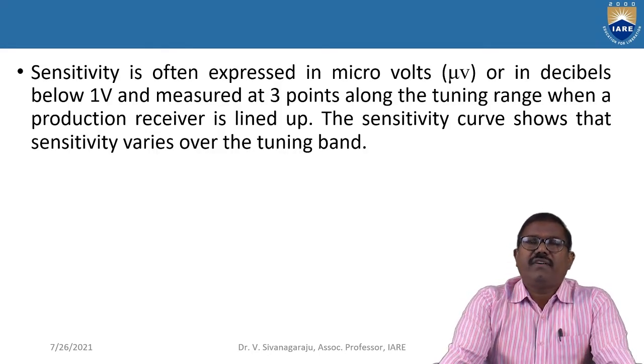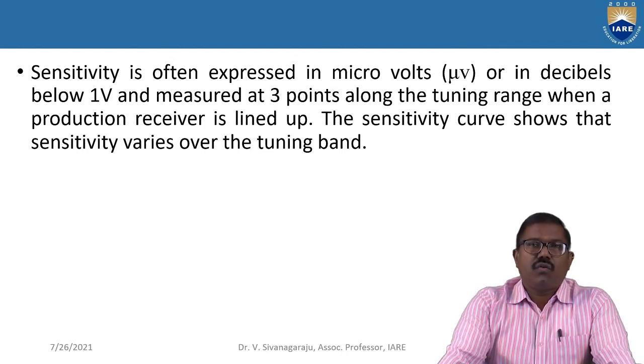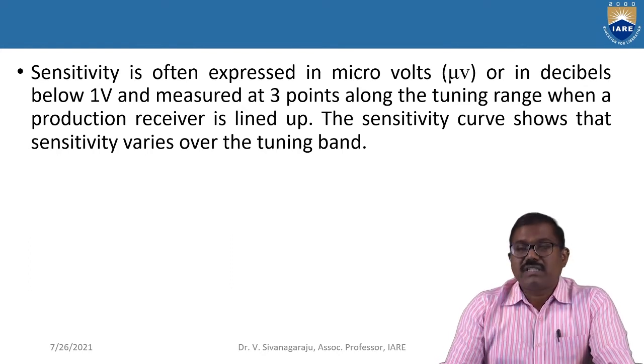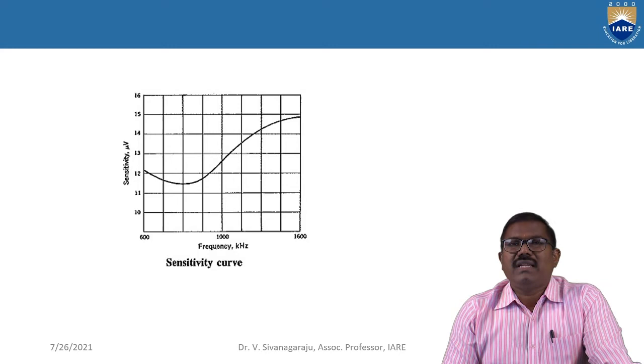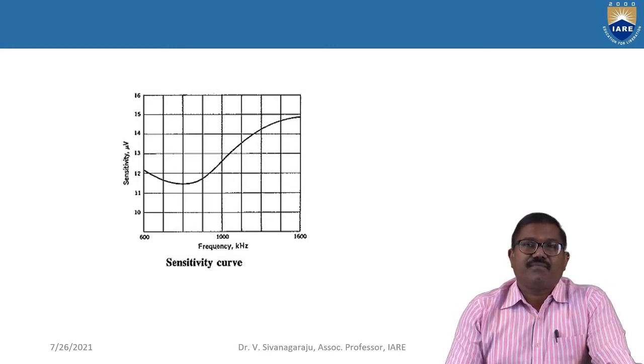So the sensitivity is often expressed in microvolts or in decibels below 1 volt and measured at 3 points along the tuning range when a production receiver is lined up. The sensitivity curve shows that sensitivity varies over the tuning band. In this picture, the tuning band is from 600 to 1600 kilohertz.